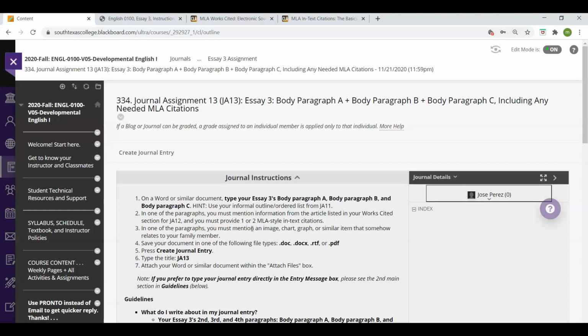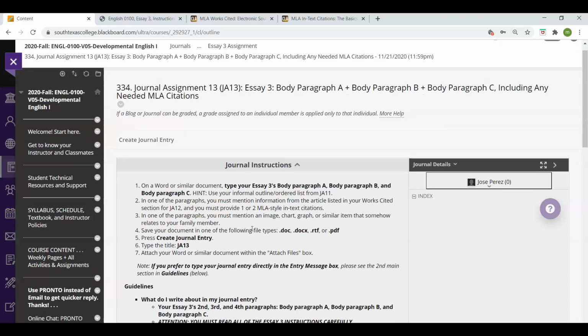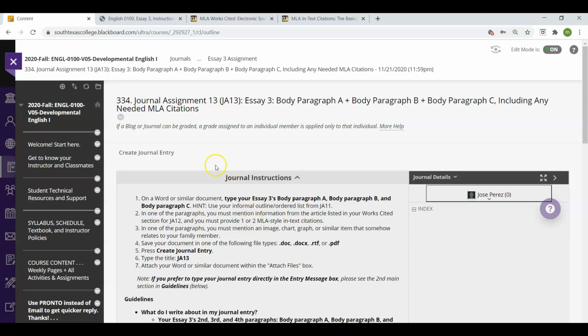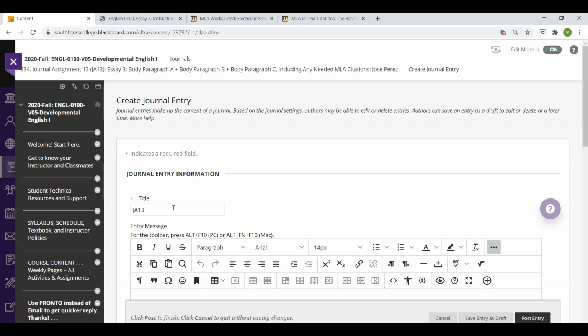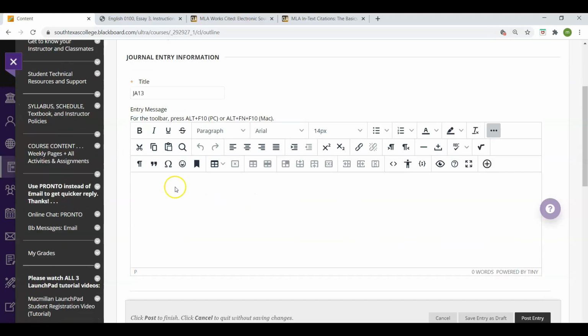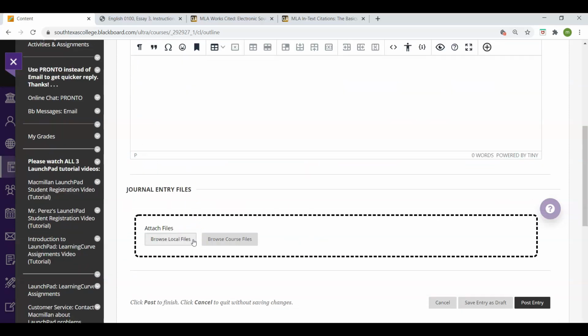All right, so this is the journal assignment, these are the instructions. And of course, once you're ready to turn it in, you press here, right? As it says in the instructions, you type JA13. And then you can type your three paragraphs here, right? You can put them in there.